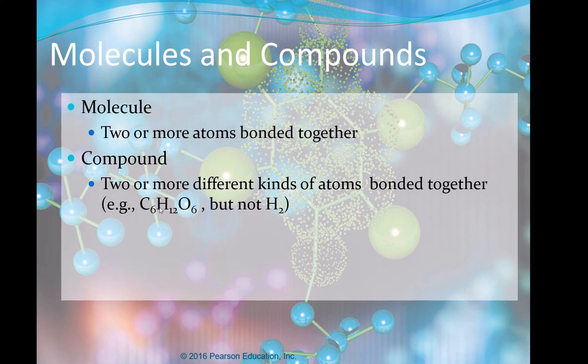So as you see here, glucose, C6H12O6, is a compound and a molecule, but hydrogen gas is only a molecule because it's the same kind of atoms. It's two hydrogen atoms, whereas glucose here has multiple different kinds of atoms, so that makes it a compound.